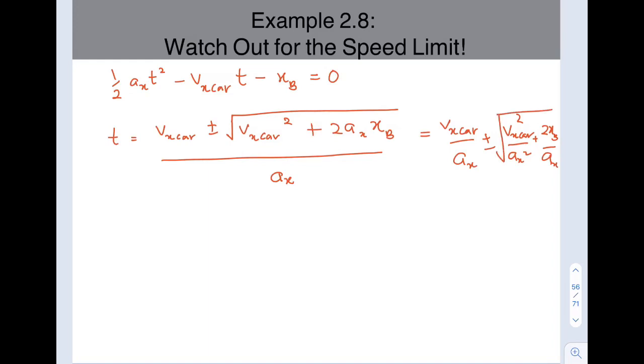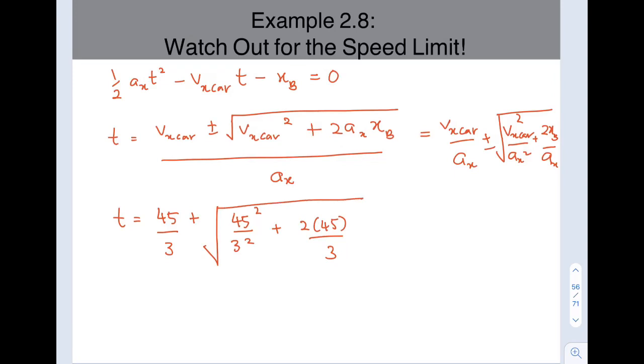Finally, t equals 45 over 3 plus, let's say, the square root of 45 squared over 3 squared plus 2 times 45 over 3, which gives you 31.0 seconds.